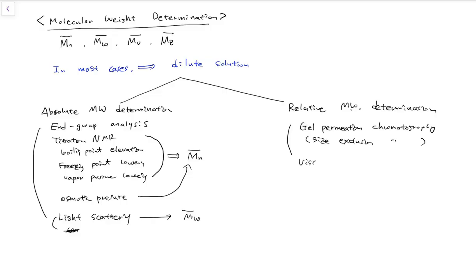Another method is viscometry. By measuring the viscosity of a polymer solution, we can determine the viscosity average molecular weight, Mv.